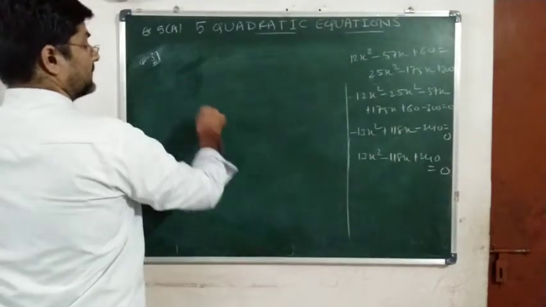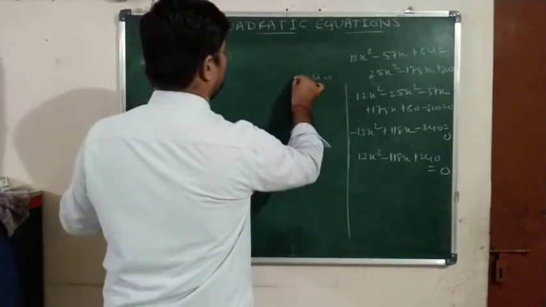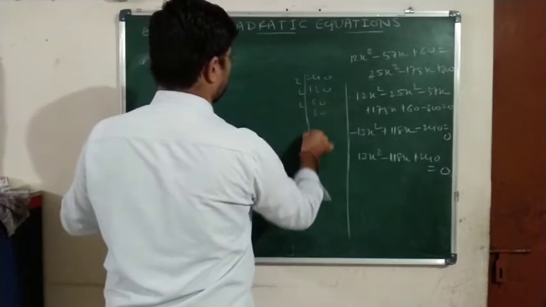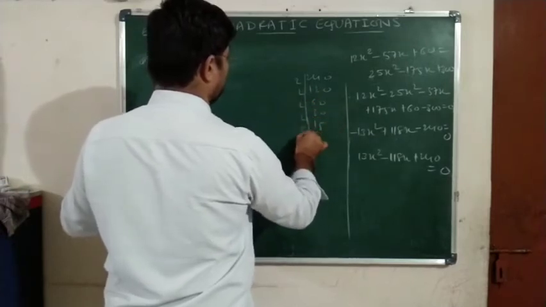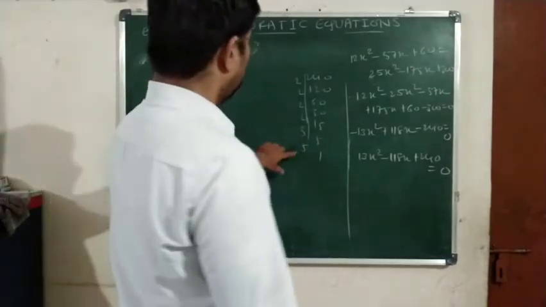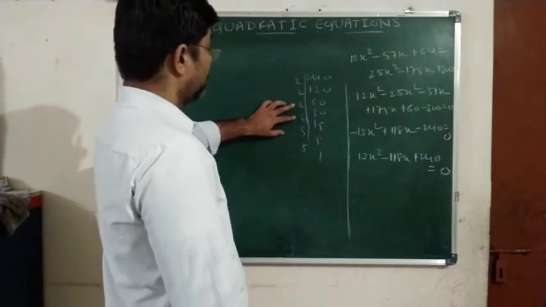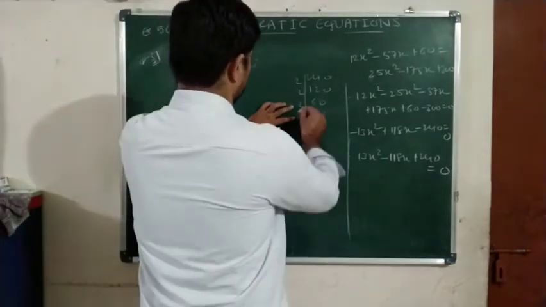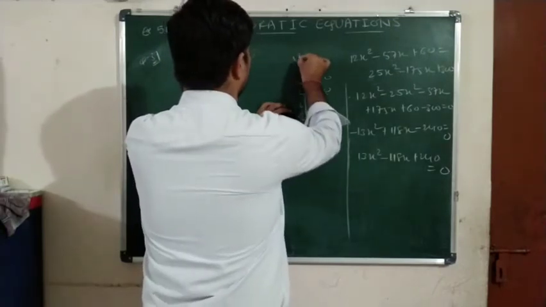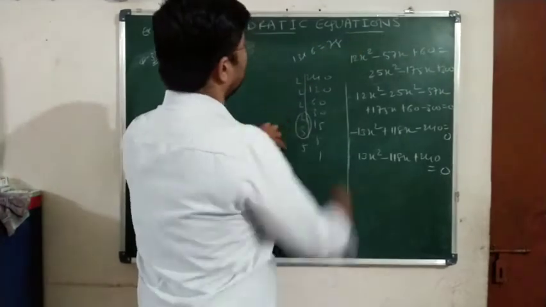Now 13 is 13 only, and 240. 13 times 6 is 78, plus 40.